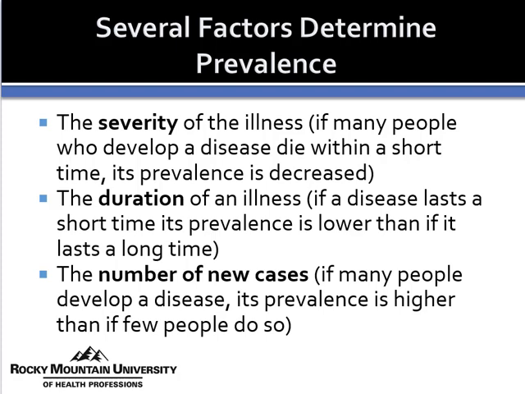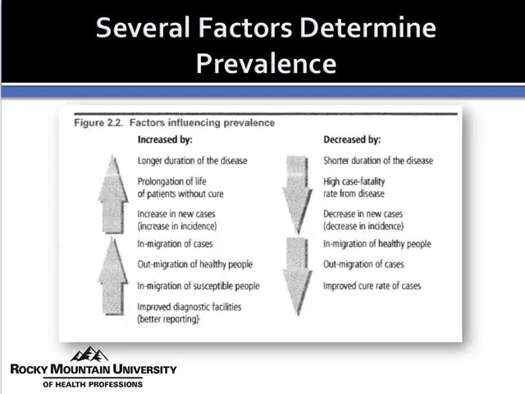Several factors determine prevalence, those being the severity of the illness, the duration of the illness, and the number of new cases. Take a moment to read through these. Basically, what this is saying is if you're trying to, at one point in time, capture the prevalence of a condition within a population, it can be impacted by a number of factors.